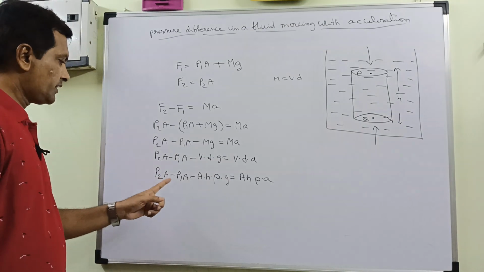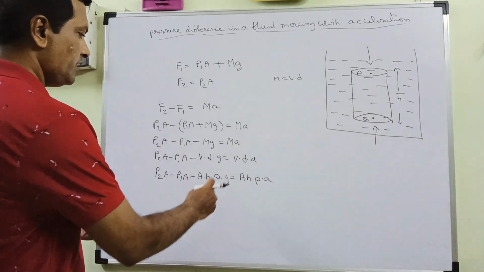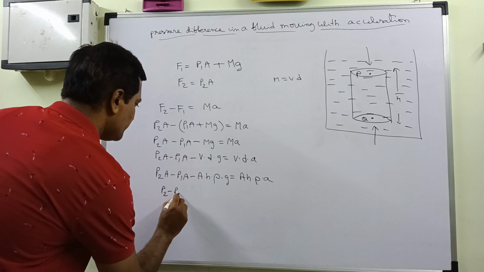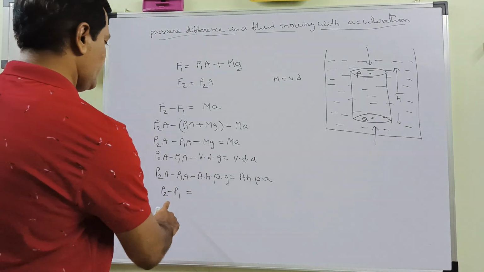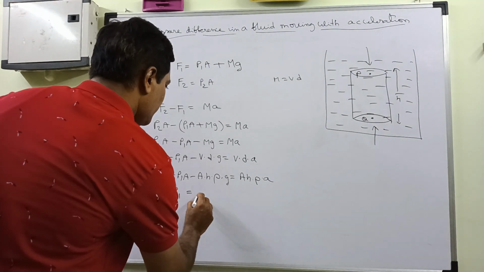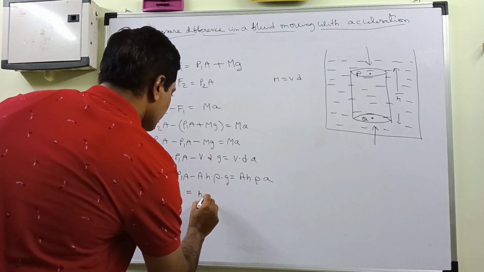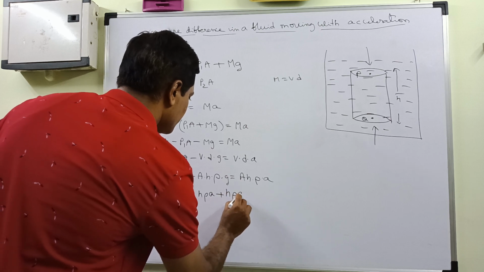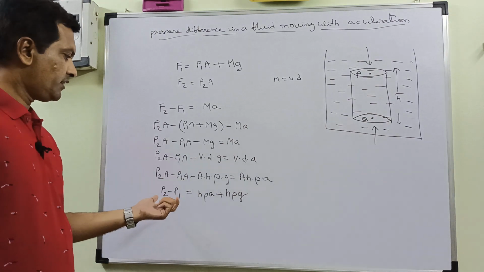From this we can take the area of cross section as a common factor and cancel it on both sides. So we can write P2 minus P1 is equal to h rho a plus h rho g, right? See, we have arrived at the pressure difference.